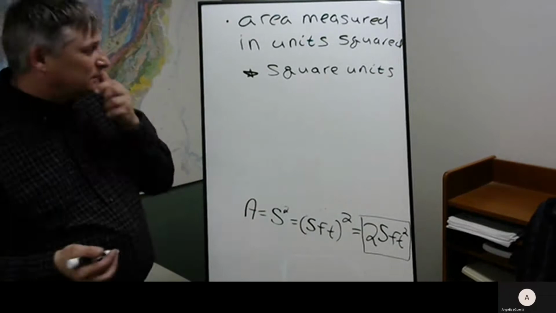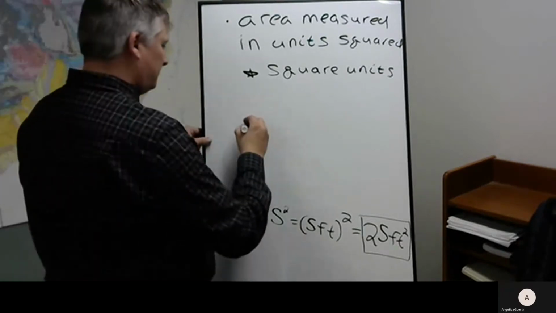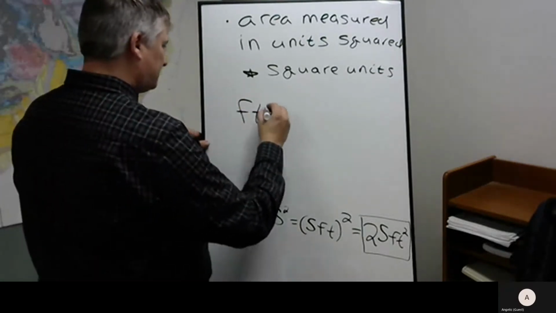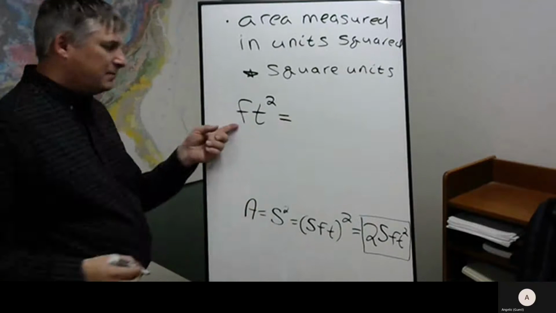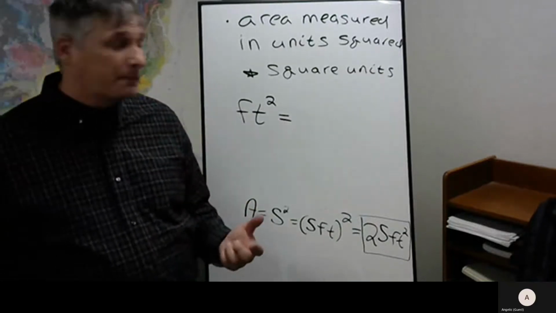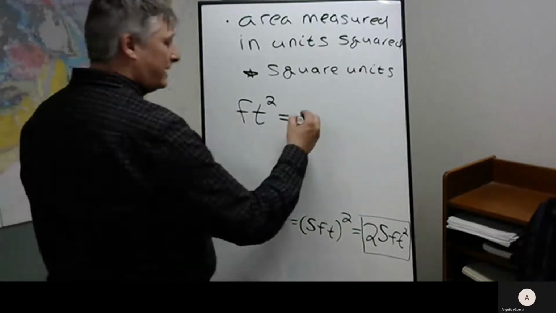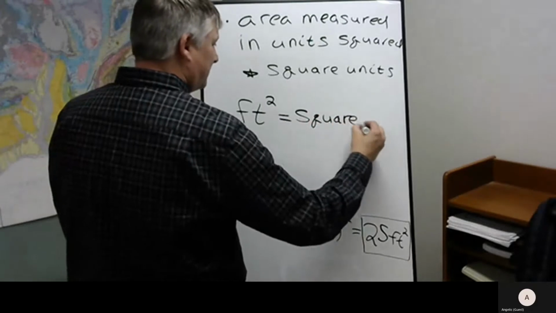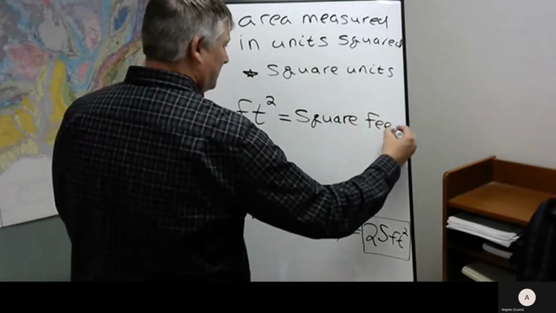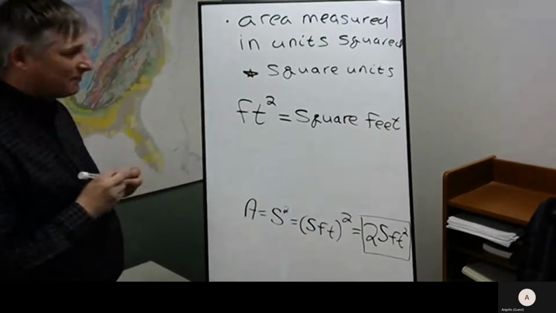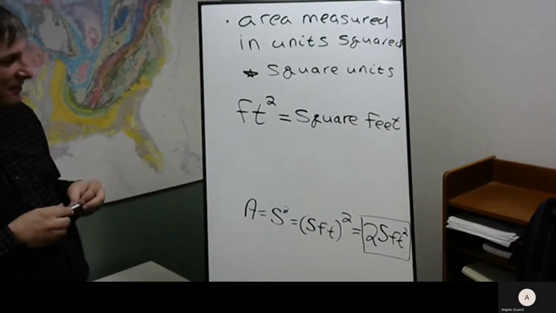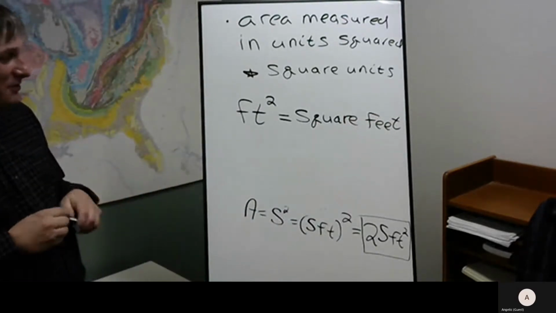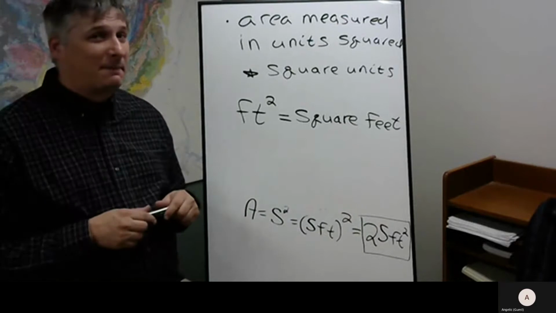So I'll show you what I mean. Feet squared. Again, this means we have a measurement that represents area. We might write it as square feet. So, questions about that?